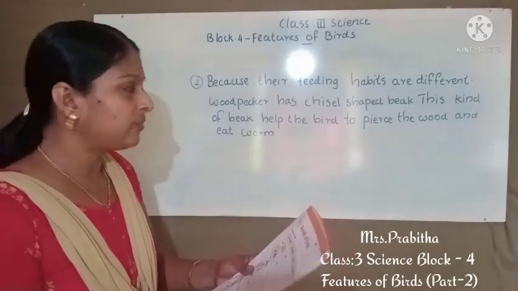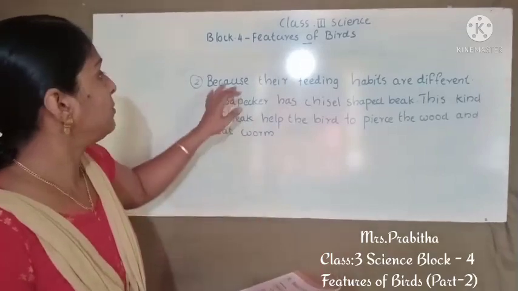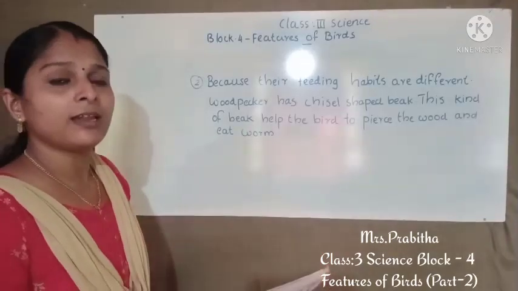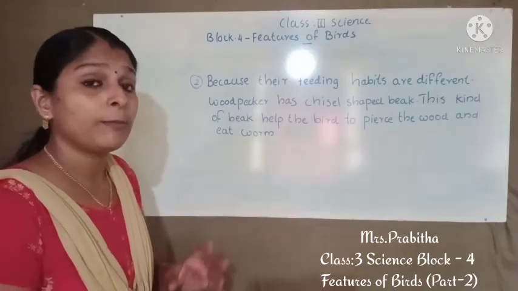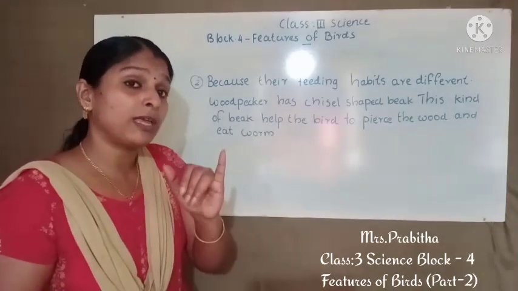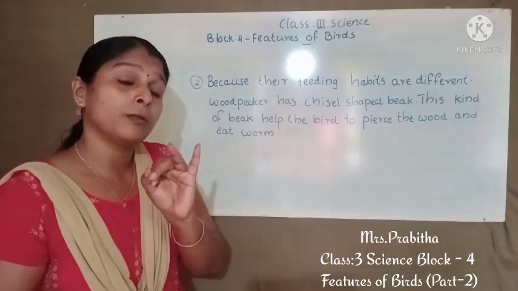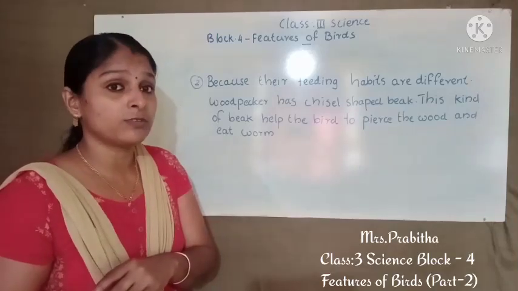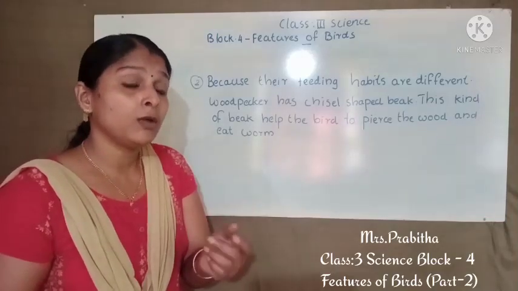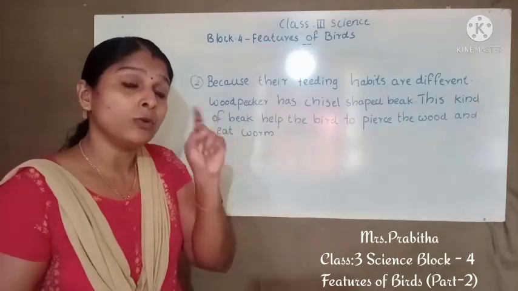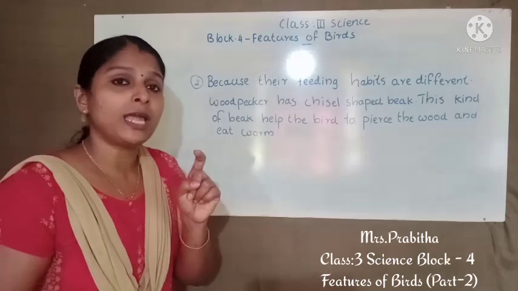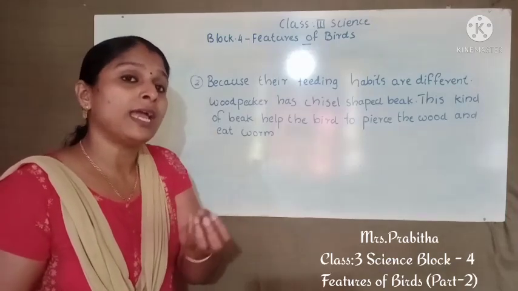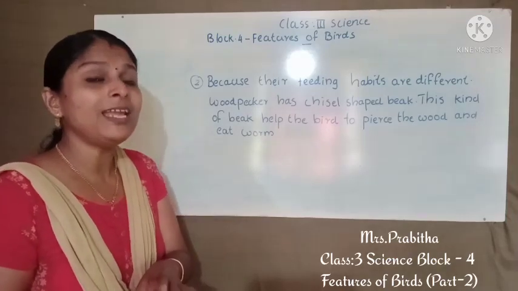Both woodpecker and sparrow eat worms. Why is the shape of their beaks different? Because their feeding habits are different. It is because of that they have different types of beak, but they eat the same thing. Sparrow also eats worms, woodpecker also eats worms. But how does the woodpecker eat? The woodpecker pierces the wood, like this it will do on the wood, and eats the small worms from the tree.